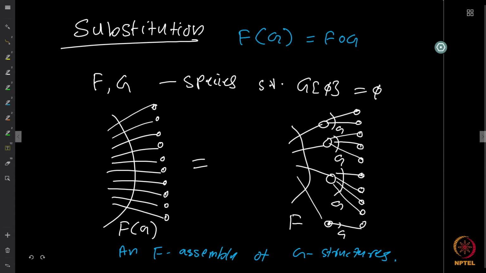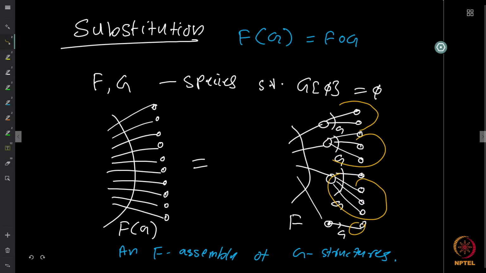So given a set U, we define F of G on U as follows. Putting the structure F of G on the set U is actually taking the set U, then partitioning the set U into non-empty parts. Then for each part, which is a small set, as a subset, you put a G structure. Okay, so you put G structures on each of the parts.